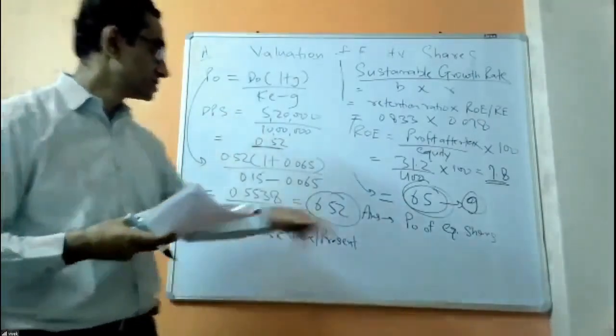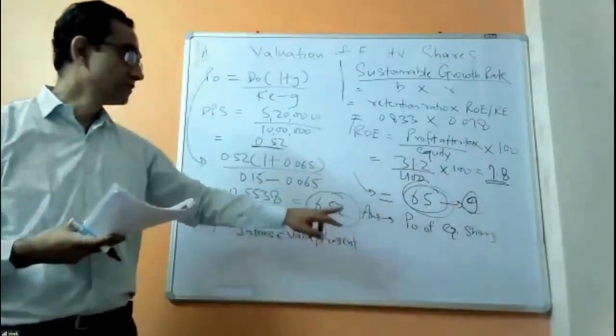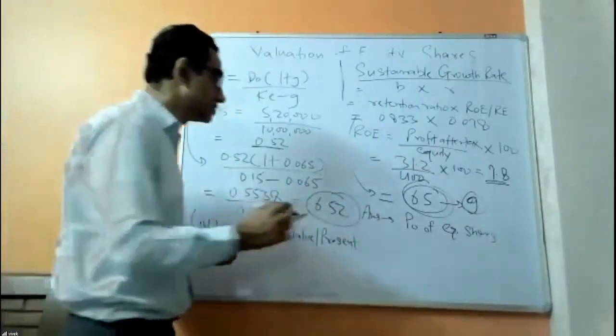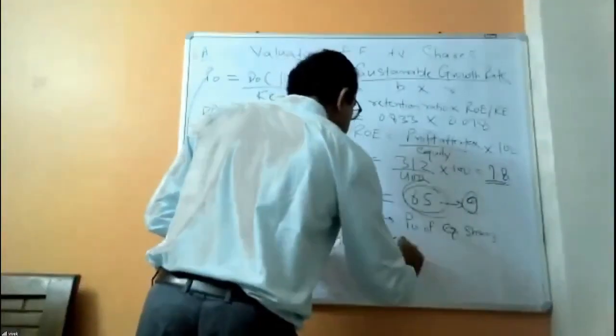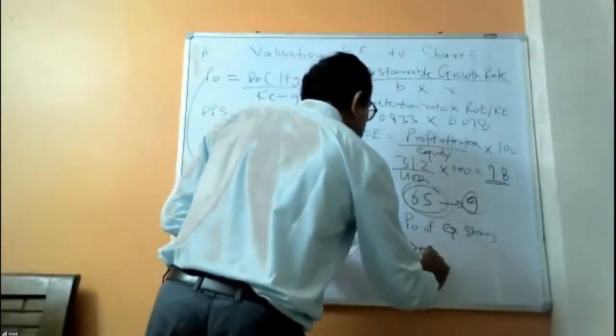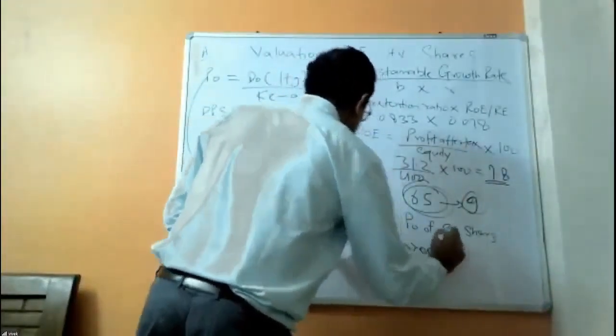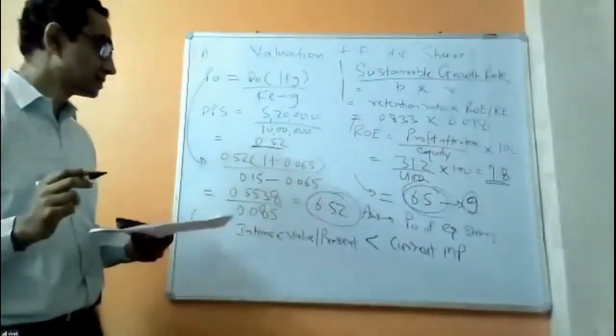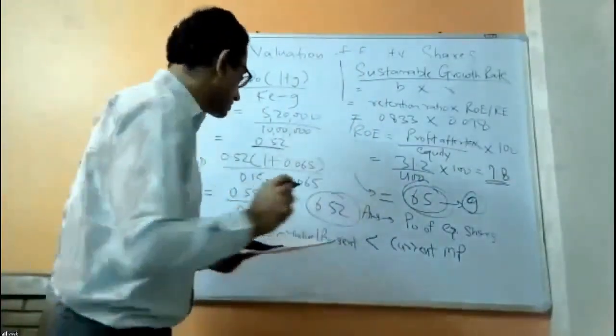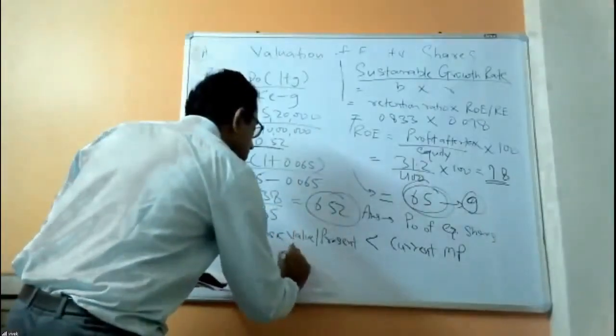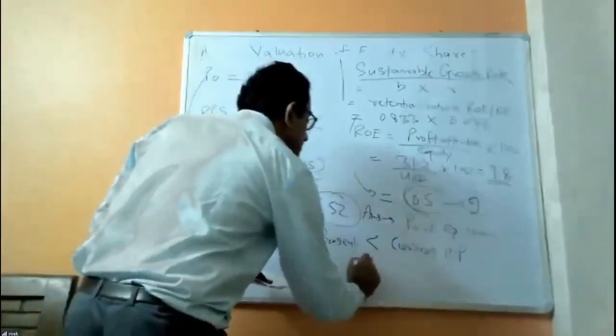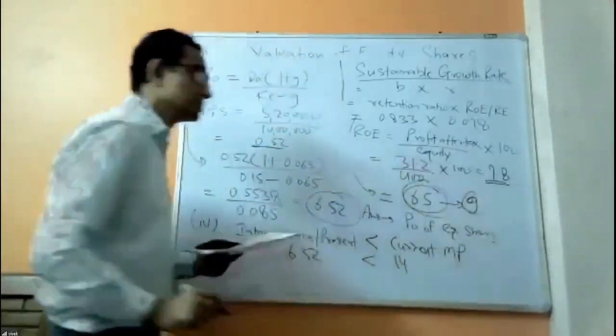So the intrinsic value is 6.52. 6.52 is less than the current market price. So intrinsic value is less than the current market price, 6.52 is actually less than the 14 rupees which is given in the question.